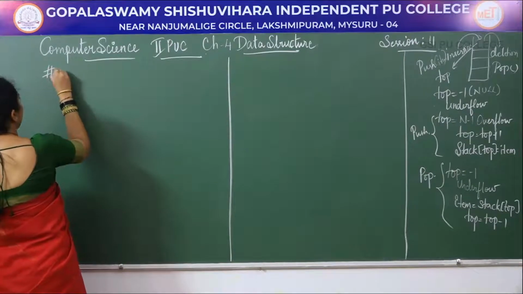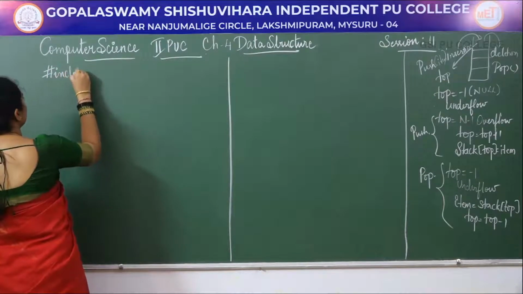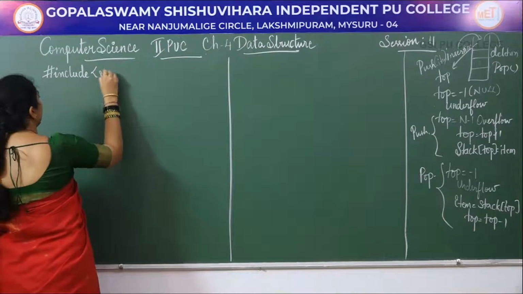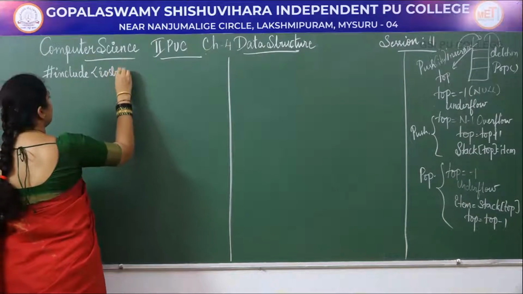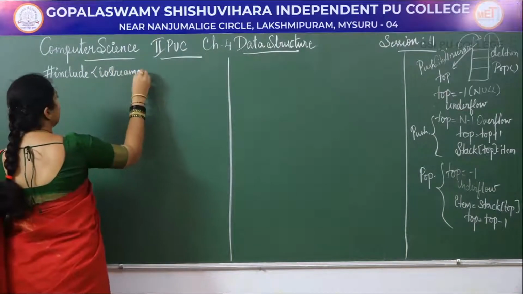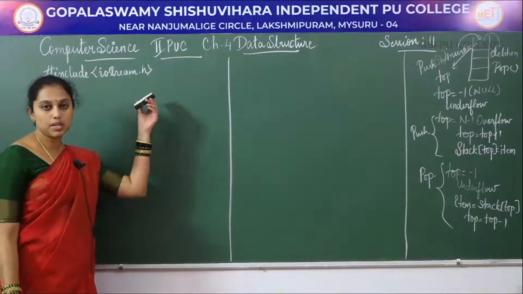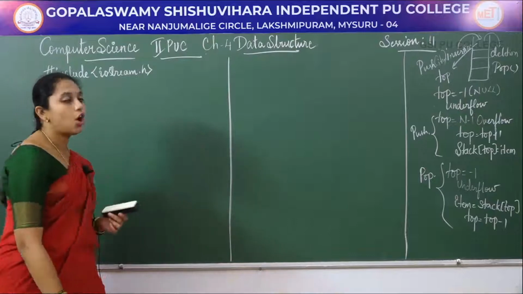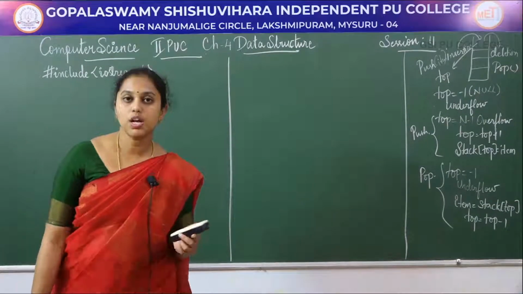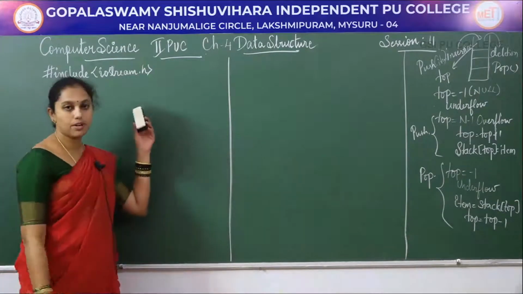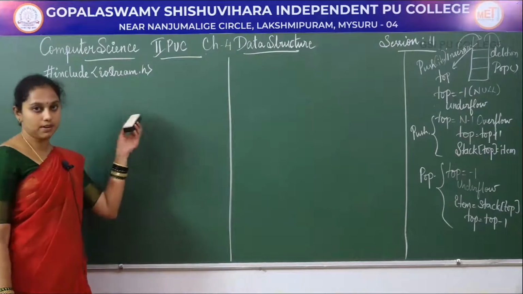That is #include iostream.h. This header file provides the basic services to our C++ program, and it uses the objects like cin and cout to send data to and from the standard input output devices.